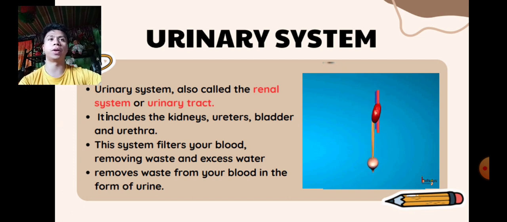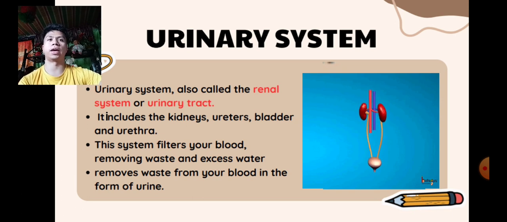The remaining water and solutes constitute urine, which passes through the ureters and is stored in the urinary bladder until it is excreted from the body through the urethra.